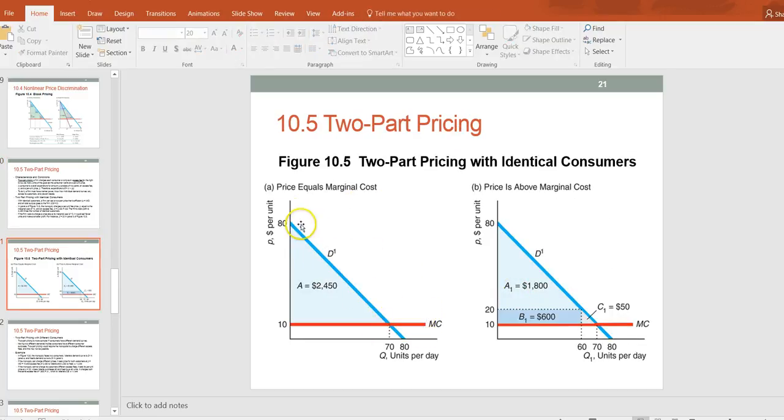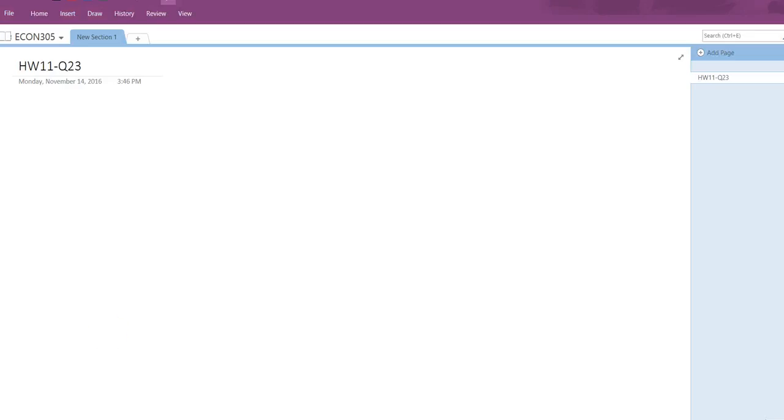I can simply draw another chart. In this chart, I have the price and the quantity.